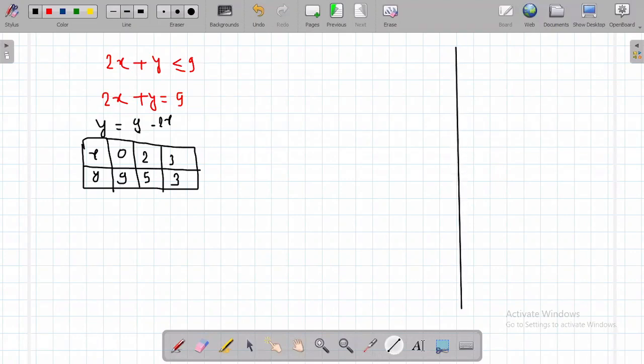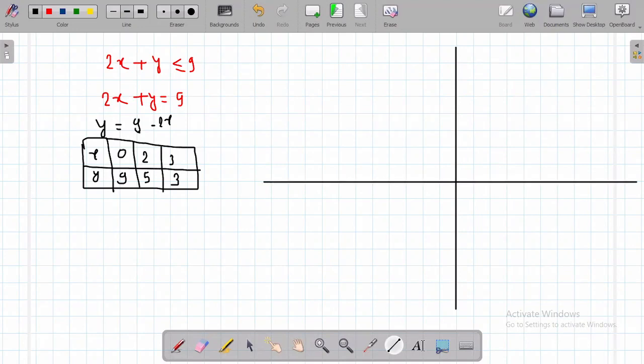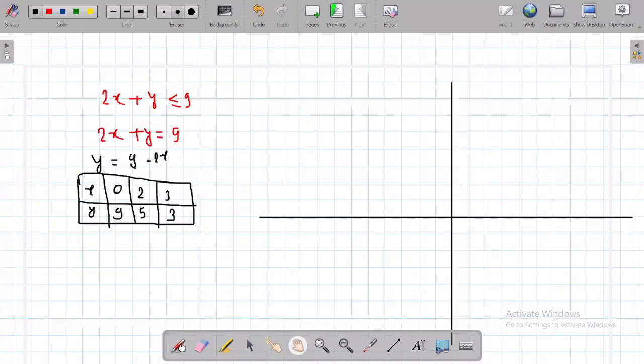Marking 0 to 9 on the axis: (0, 9) will be here.